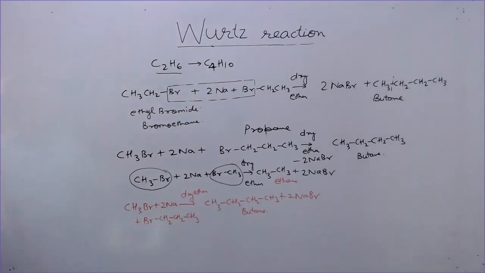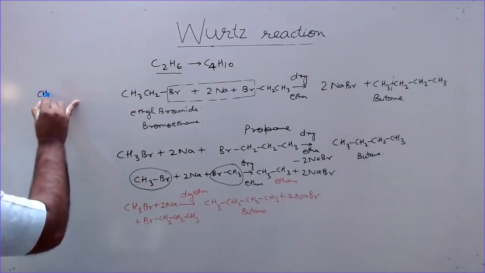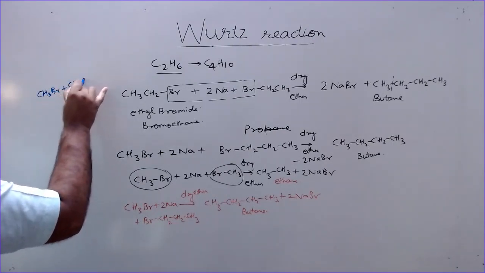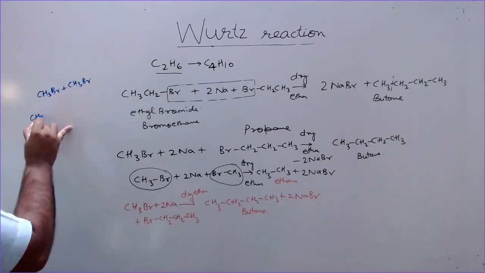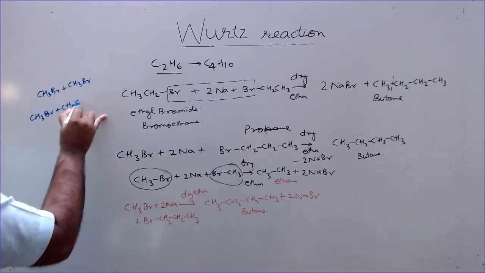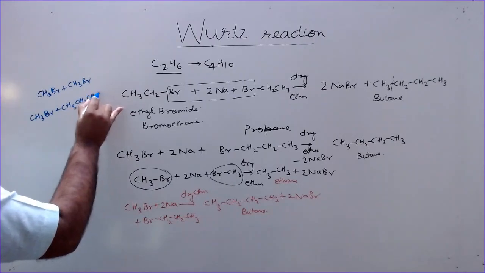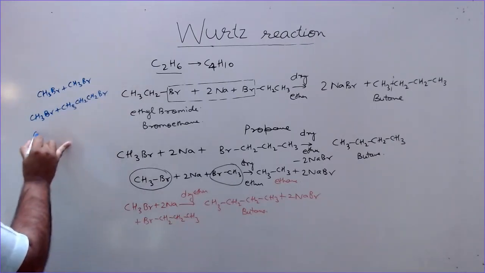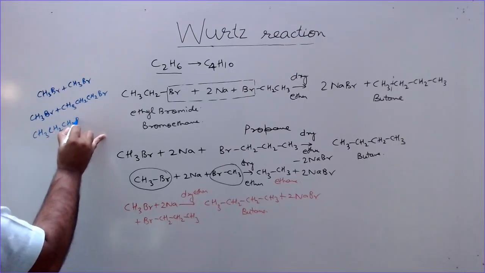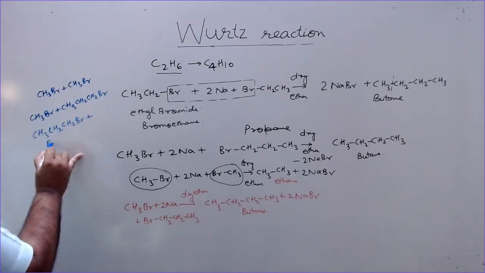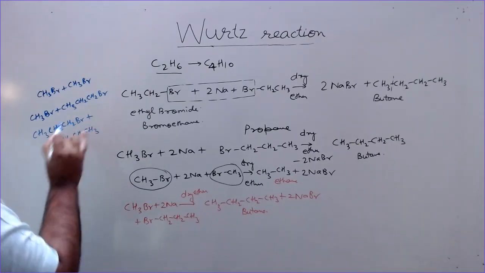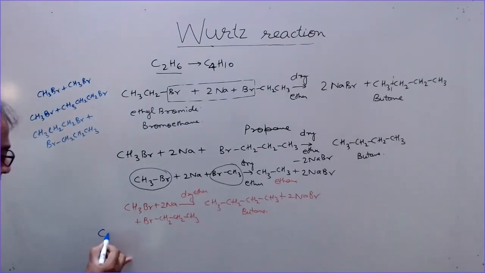Now, as I told you, there are three types of reactions. CH3Br reacting with themselves, then CH3Br with propyl bromide, and propyl bromide reacting with itself. So what will happen when propyl bromide molecules react with themselves?